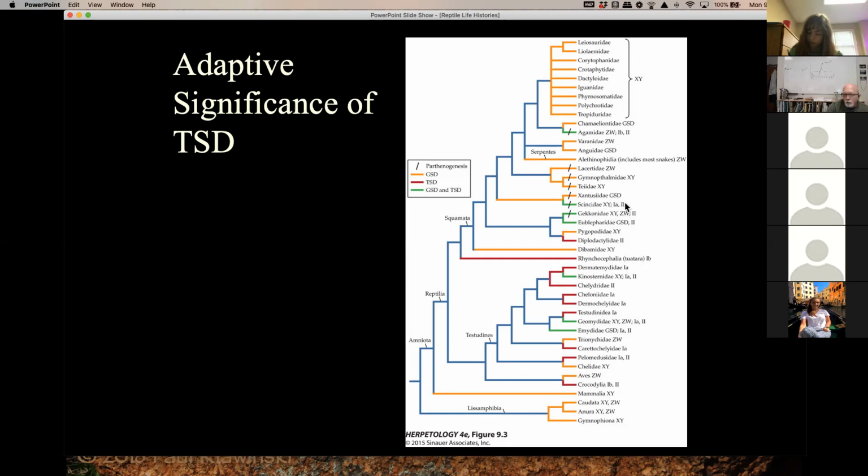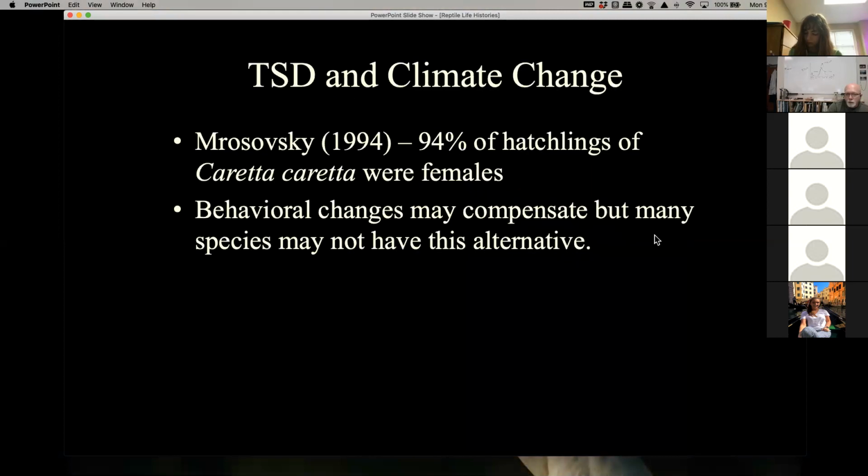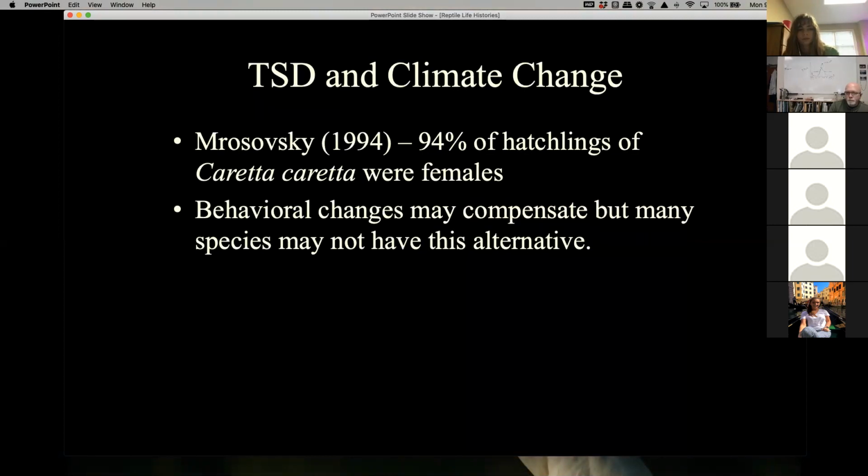These also tend to be larger, longer-lived skinks that exhibit this, and in some of the geckos, which can also be relatively long-lived, the ground geckos in particular, which tend to be larger and longer-lived than some of the other gecko families. And so, not surprising that temperature-dependent sex determination would be found in longer-lived species.